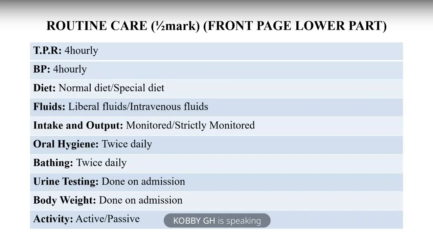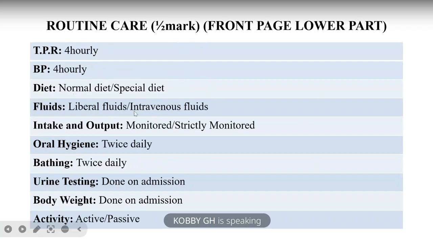So for example, the patient is a diabetic patient and a dietitian has prescribed some specific foods, then we can write special diet. For example, if a patient is on NG tube, the dietitian will definitely prescribe liquid diet. But instead of writing liquid diet, I prefer that you write special diet. Once you find out that the patient is on a certain dietary restriction, write special diet.